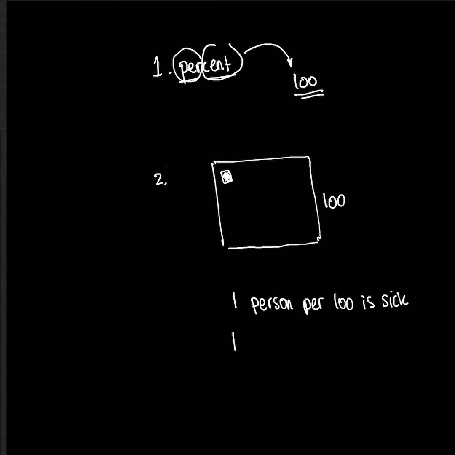Or in other words, 1% of people in this apartment building are sick. So that's the basic idea of percents.